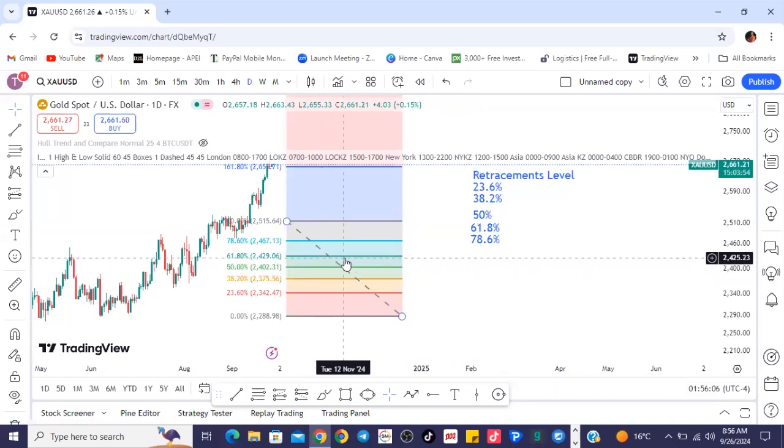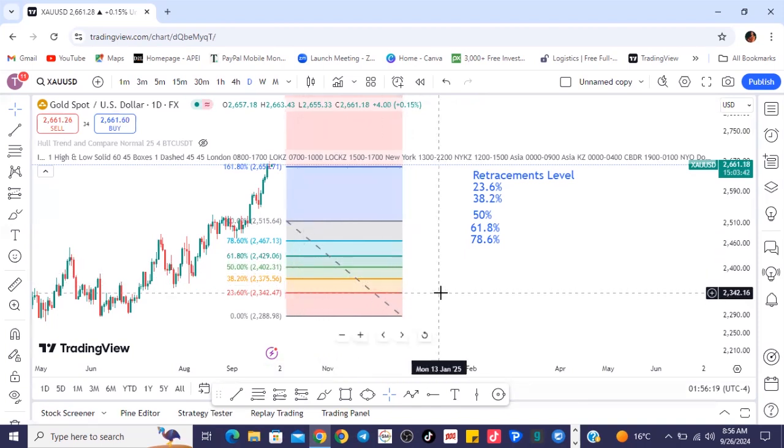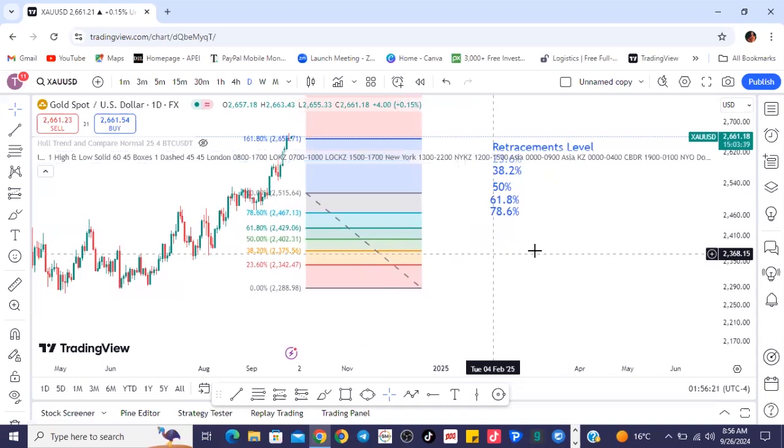These are just horizontal lines that indicate where support and resistance are likely to occur during retracement of a larger trend.